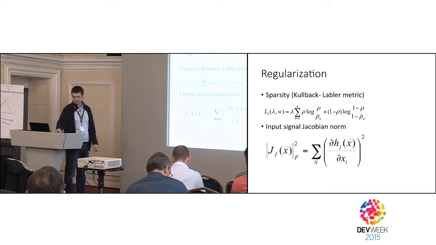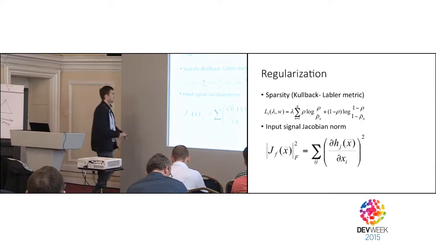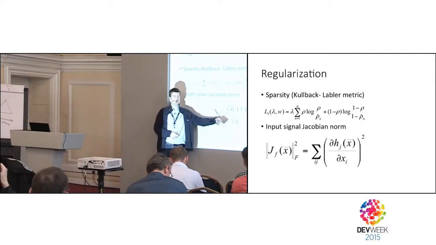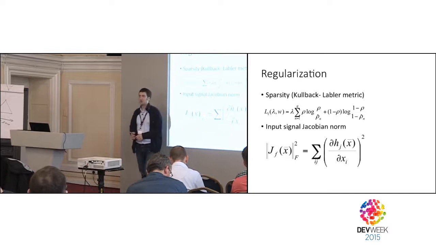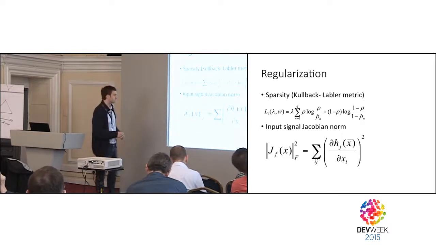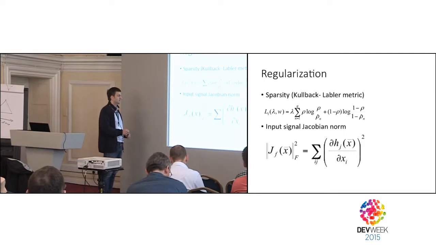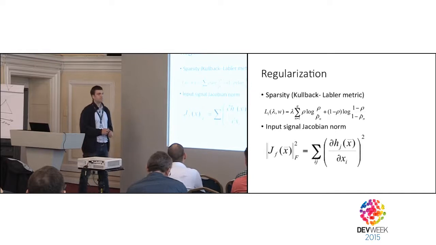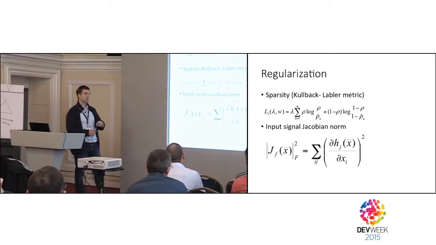For example, this regularization formula is another constraint that can be put on the hidden layer outputs that minimizes the dependency of the hidden layer outputs on small variations of the input signal.